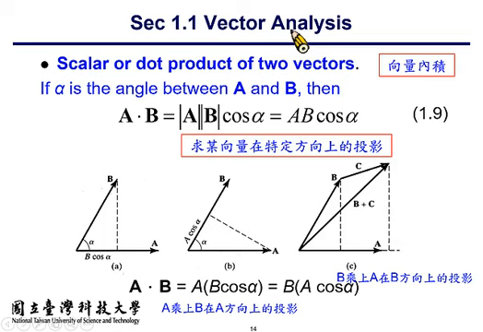In Chinese it is called 内积, I usually say 内积, but in English there seems to be no inner product usage, it is simply called dot product. So it's written as A dot B. So it's simply finding the projection of one vector onto the direction of the other vector.